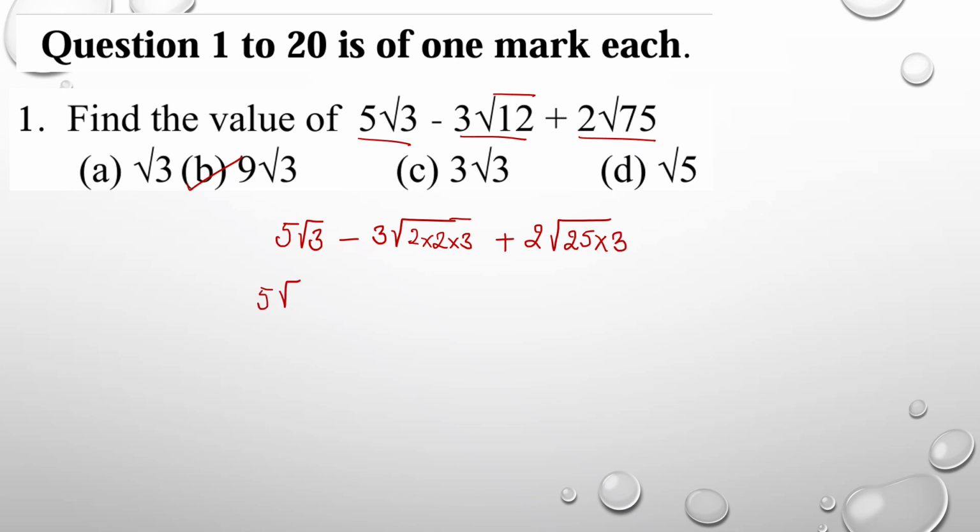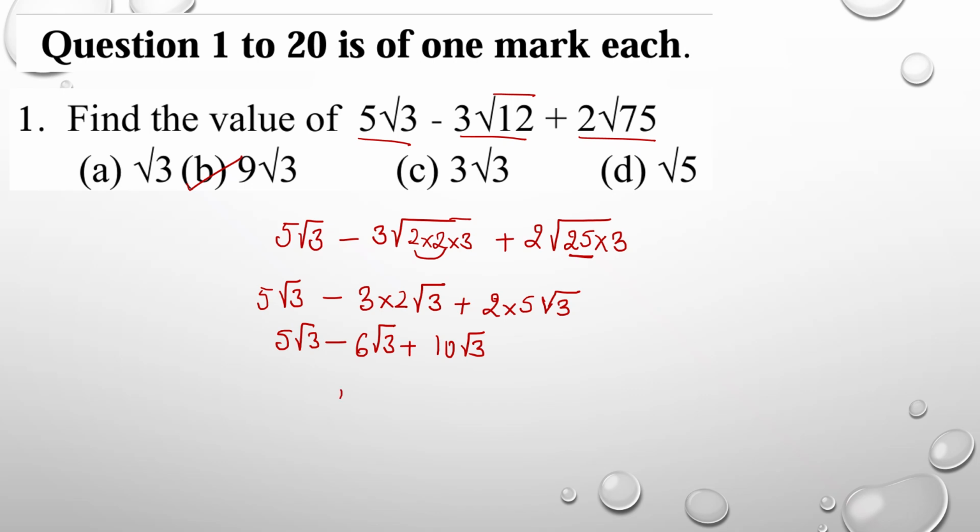Now 5 root 3, 2 root से बाहर आ जाएगा as 2 has pair. 3 into 2 root 3 plus 25 is a perfect square, so 5 will come out of the root 3. 5 root 3 minus 6 root 3 plus 10 root 3. 10 plus 5, 15. 15 minus 6, 9 root 3.